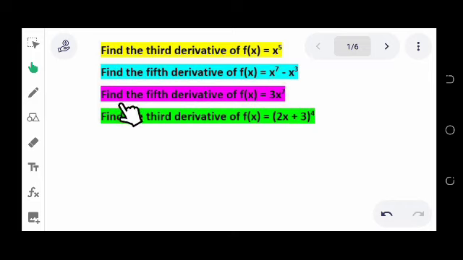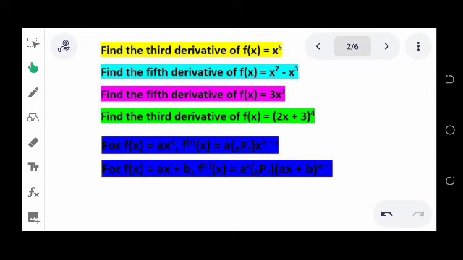But before that, we will have first the rules or the formula on how to find the higher order derivatives of these algebraic functions. So this is the formula. For f of x equals ax to the n, where a is constant, the rth derivative of the function is equal to a times the permutation of n taken r, x raised to the power of n minus r.